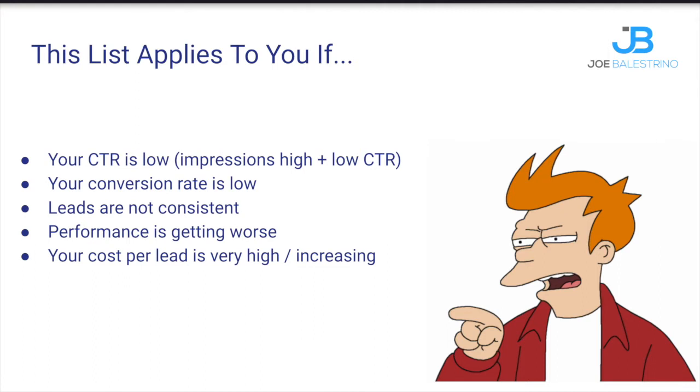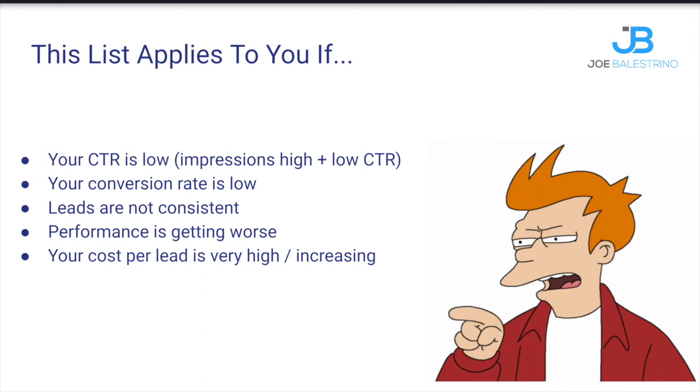Now, this video applies to you if you noticed in your Google Ads account that your click-through rate is really low, meaning you have lots of impressions and your click-through rate is very low, less than 1%. Your conversion rate is low, so you're getting a lot of clicks but not a lot of conversions.